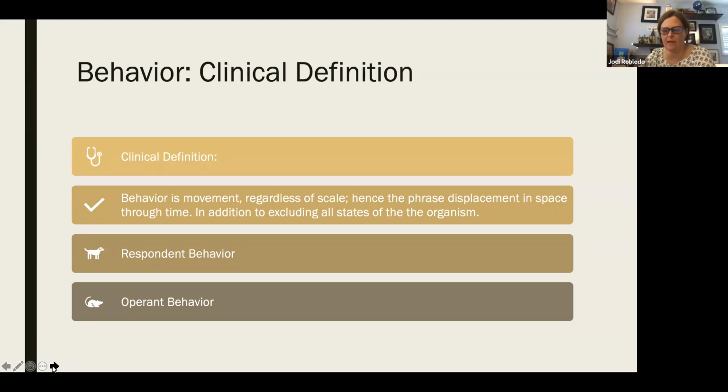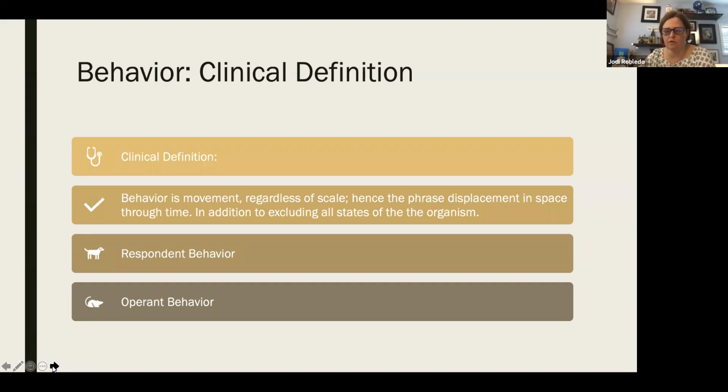There's two types of behavior, according to a behaviorist. There's respondent behavior, which is oftentimes like reflexes. So it's behavior that you may not have full control over. How you respond to a bee flying in front of your face, or those types of things, are often reflex types of behavior. Other types of behavior are called operant behavior, and operant behaviors are behaviors that we typically have control over.